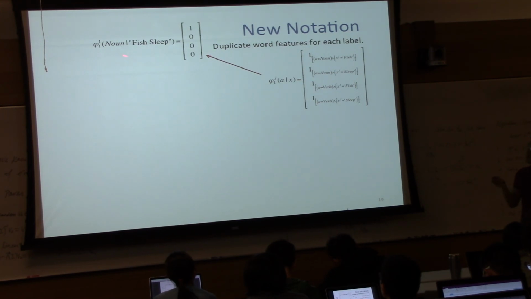So for example, for the feature map applied to fish sleep for the first token, you get this. Because a equals noun, x is fish sleep, and we're looking at the first token in the sequence, the first feature is true and the rest are all false.